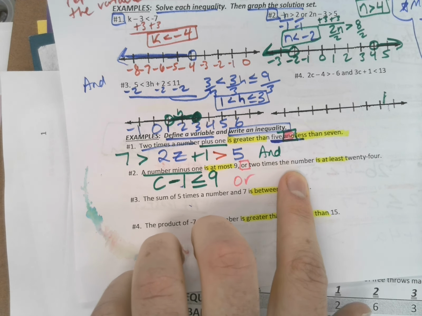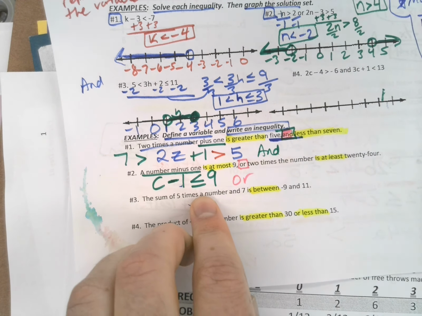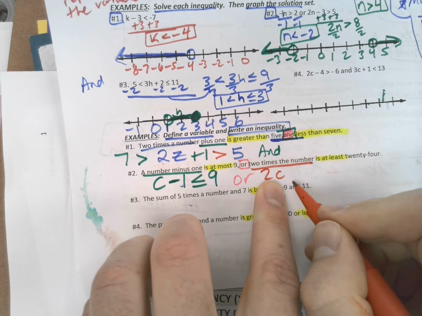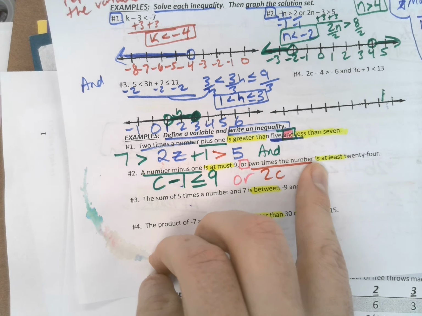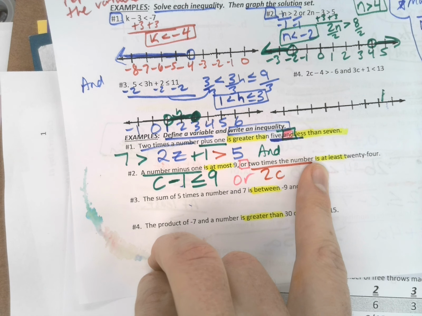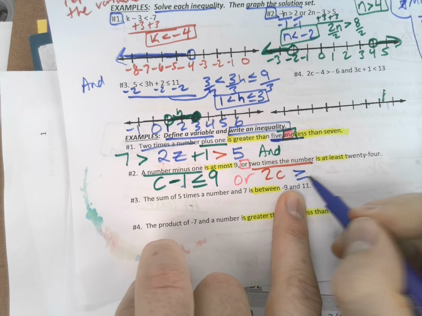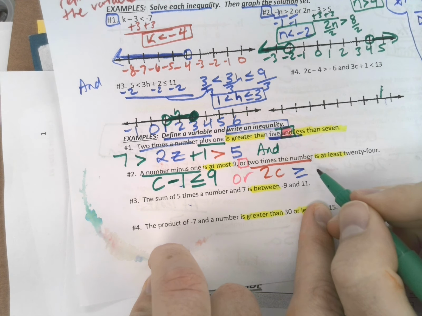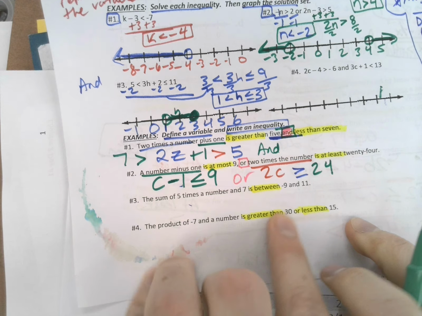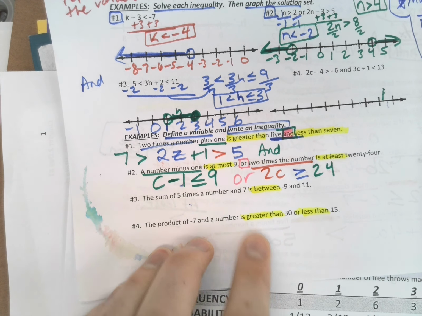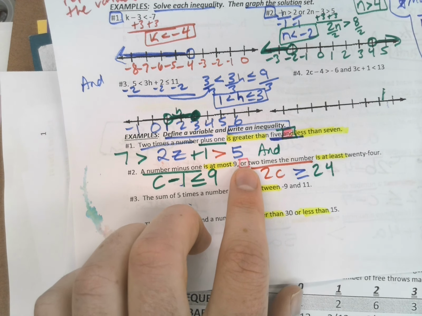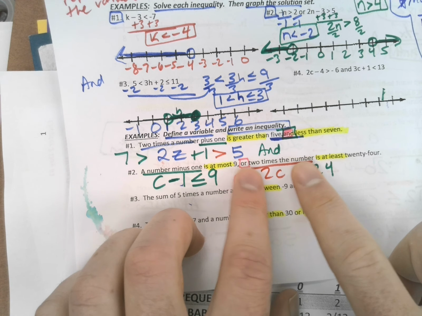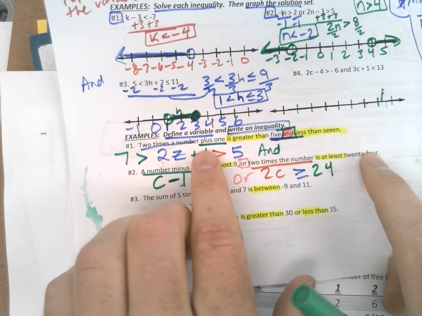What do we call that number? It is C. So or 2 times C is at least. What would that be? Greater than or equal to 24. So guys, it's kind of tricky. We got to just watch out for the words or and the words is.